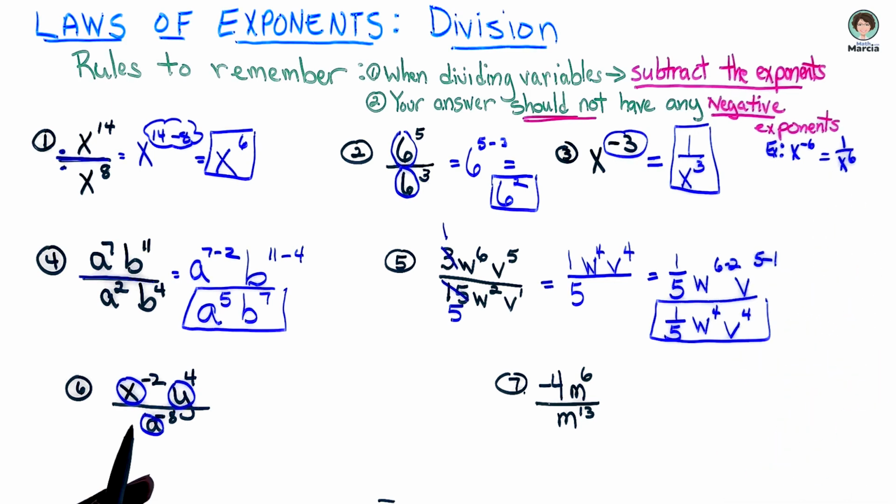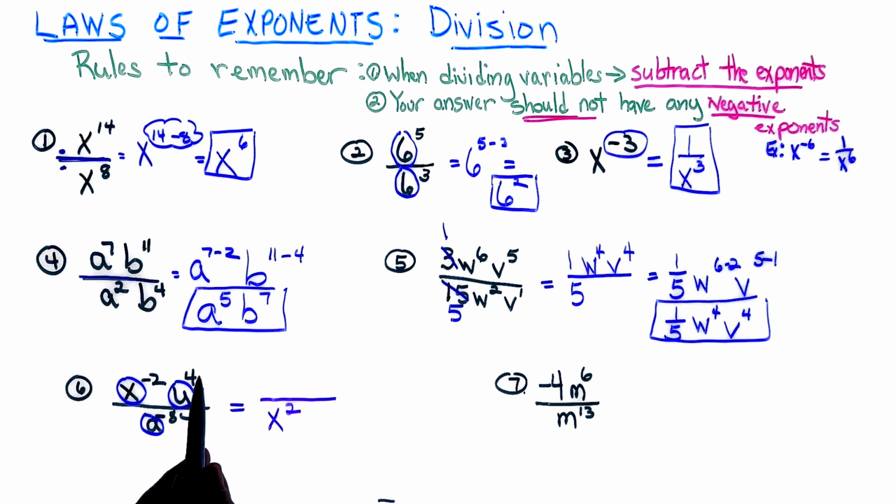So when I'm looking in my numerator and I have x to the negative 2, remember, I'm going to bring that guy down. And y to the 4th is positive, so guess what? He gets to stay up there. He is not moving. But now I see a to the negative 8.